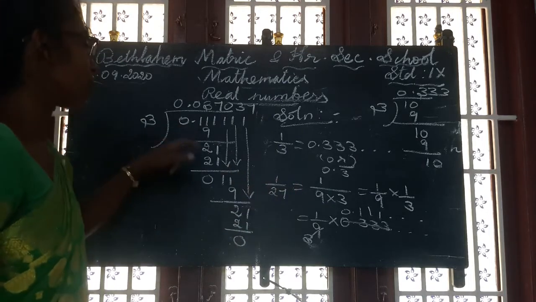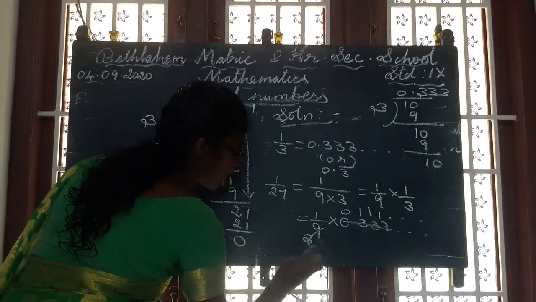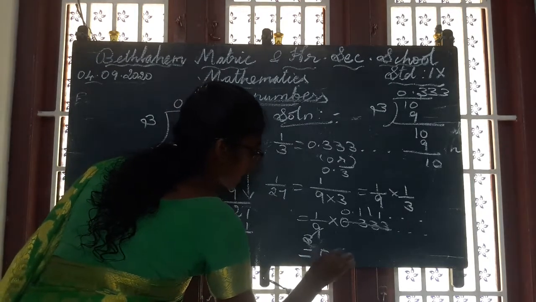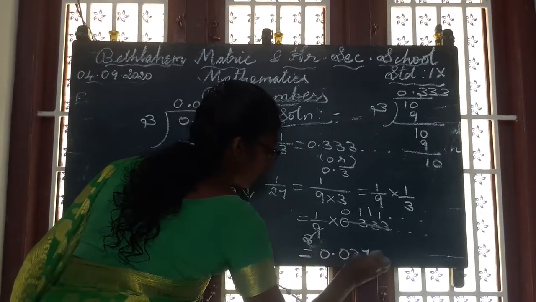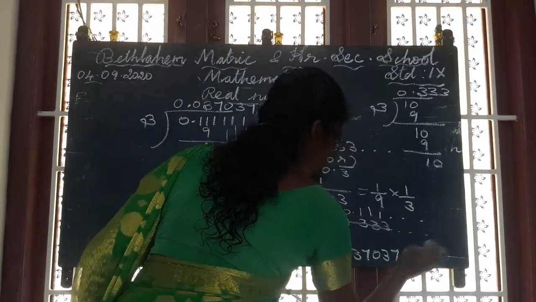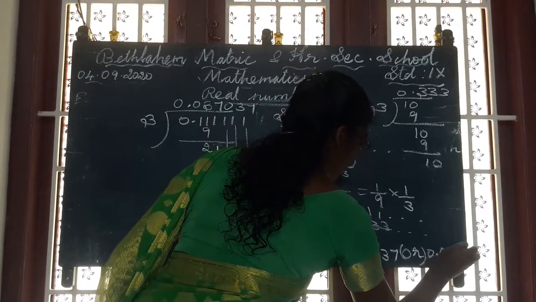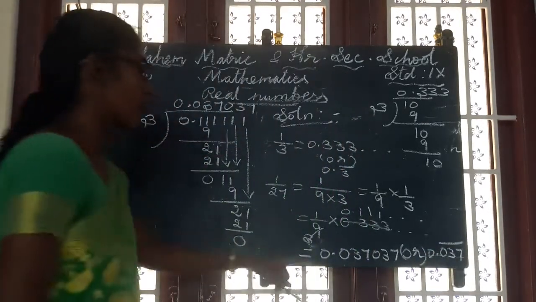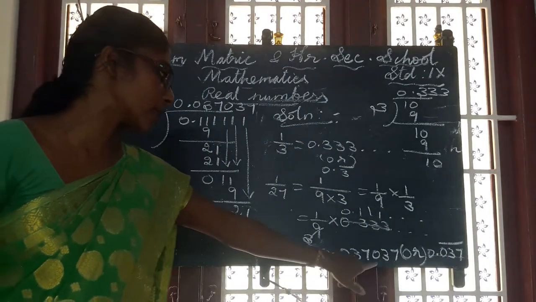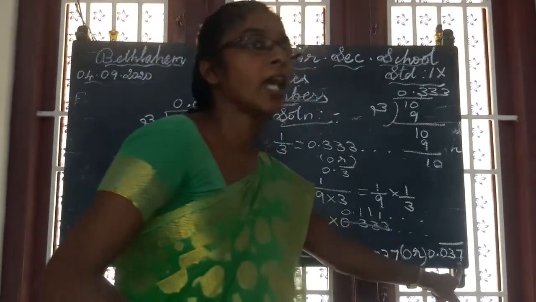So what is that? 1 by 27 is equal to 0.037 bar.